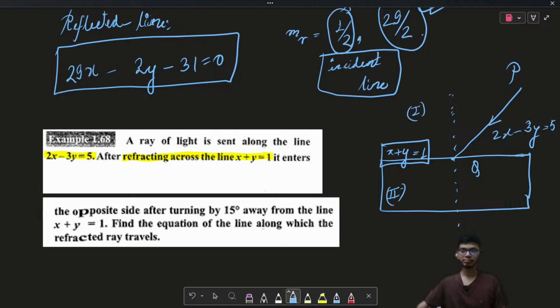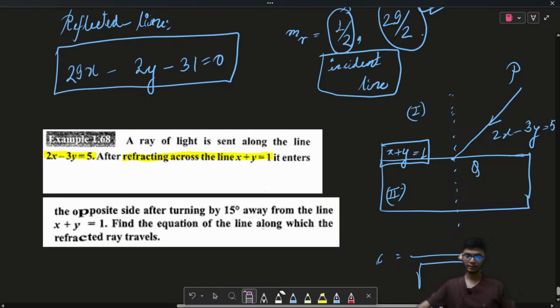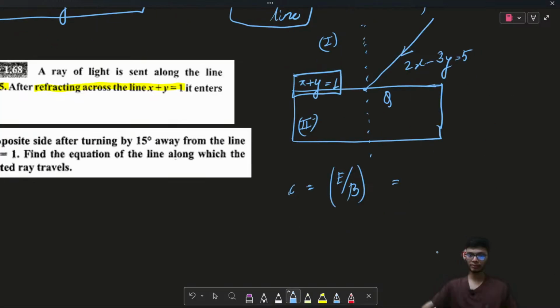By now you must have already studied electromagnetics, and by that concept you have seen that the speed of light in any medium is given as 1 upon the square root of mu naught mu r epsilon naught epsilon r.